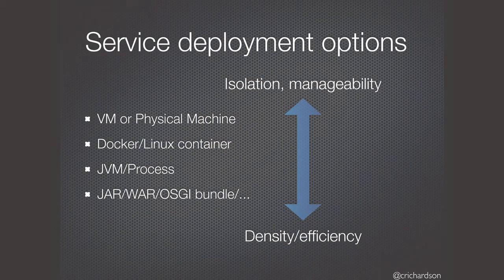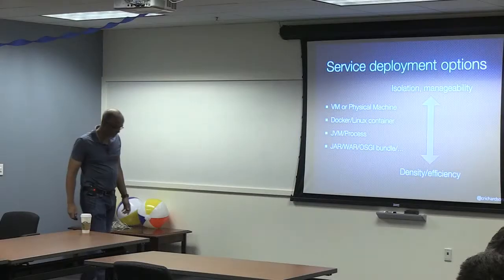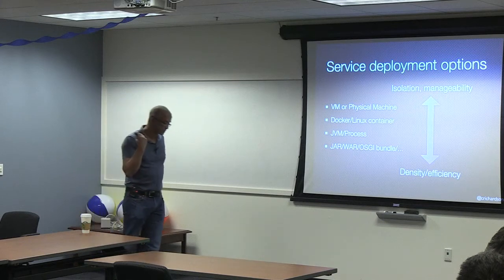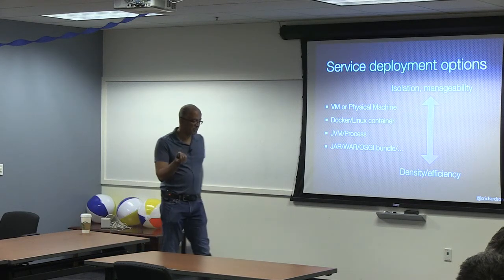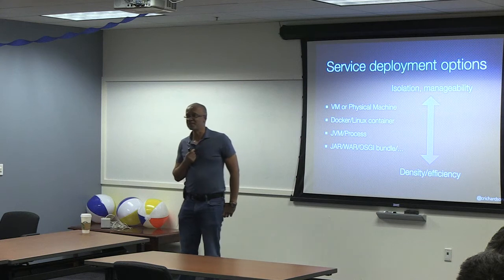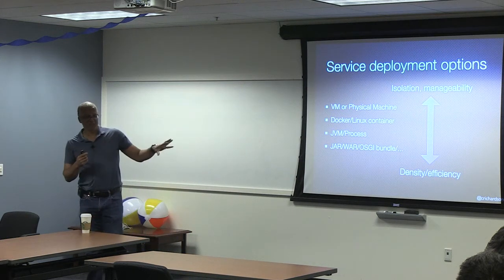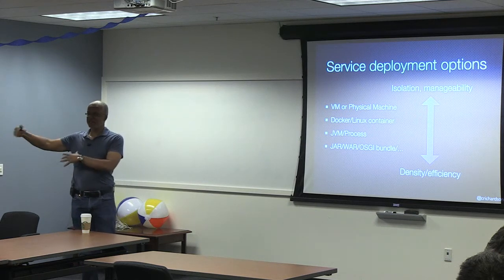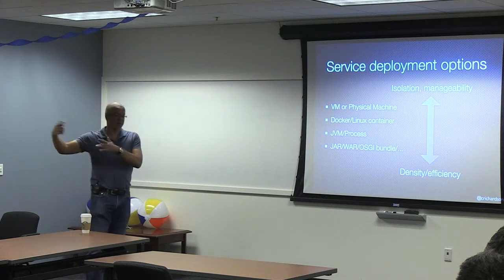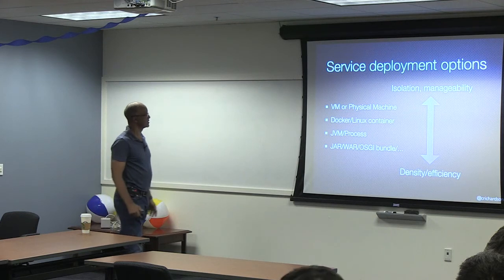Now we've got this concept of a service, a standalone runnable thing. What is it? There's a whole bunch of different options. It could be an actual machine, like an EC2 instance. That's the way that Netflix deploy their applications: one service instance equals one AMI, which ultimately becomes an EC2 instance.